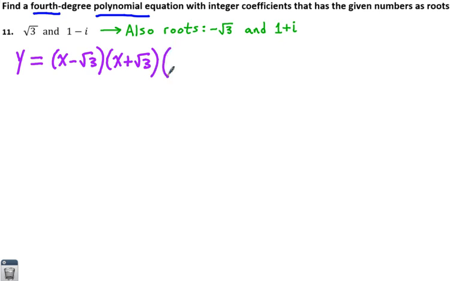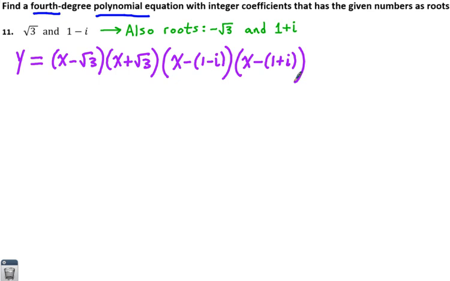Now, if 1 minus i is a 0, then x minus that is a bubble. And then if that is a 0, then x minus that is a bubble.